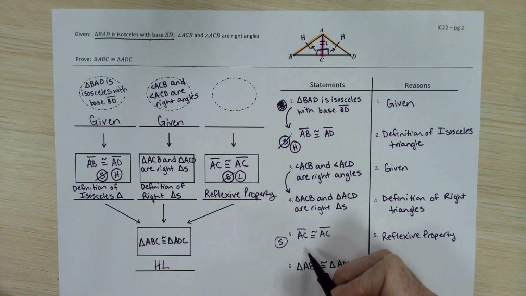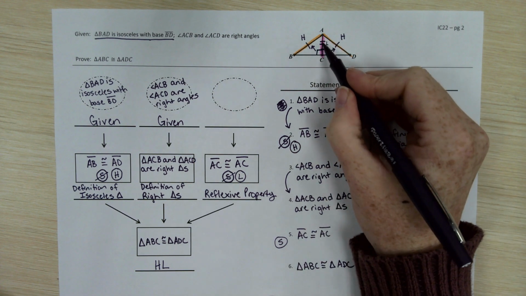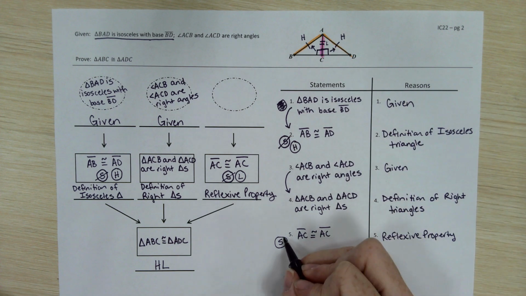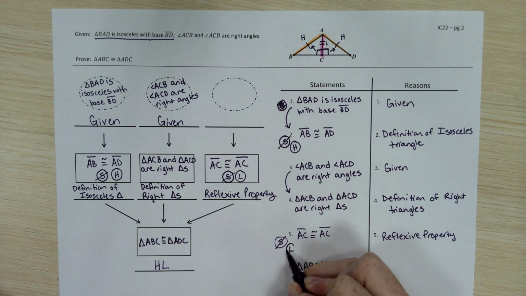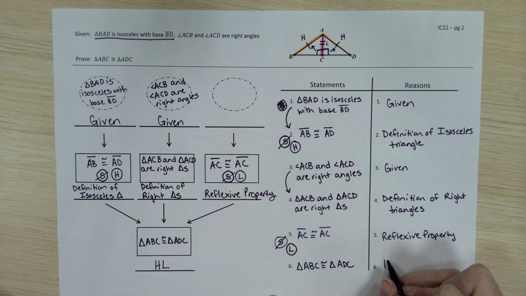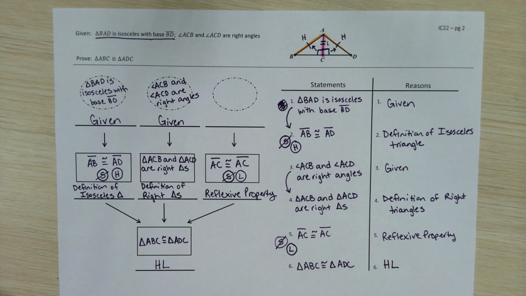And it allows me to go back to my reflexive property, segment AC congruent to AC, and call those congruent legs to finish it out with hypotenuse leg. All right, that's your second example of transitioning from flowcharts to two-column format. We will see you back in class.